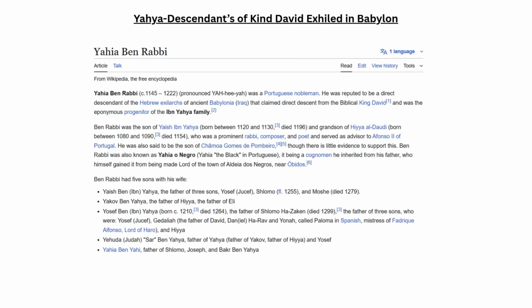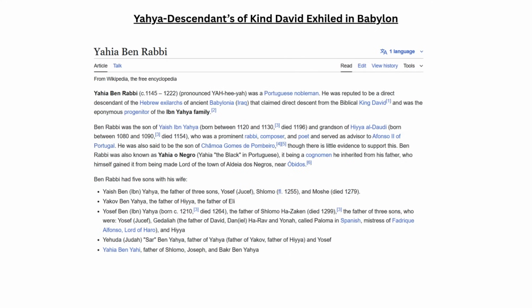Now, this summary doesn't go into the history of the family before Yahya ben Rabbi, but I've also researched that, and basically they migrated to Iberia from the area around Babylon at some point, well after the return of the Yahudim to Jerusalem after the Persians conquered Babylon.